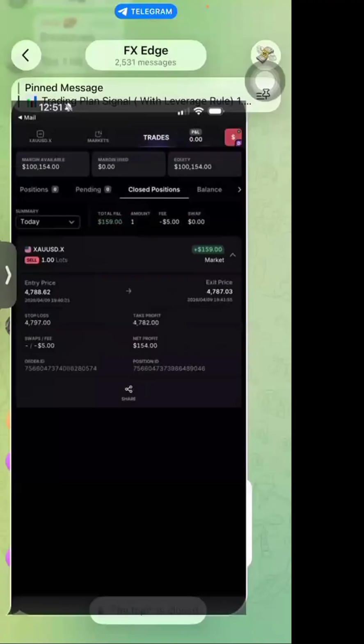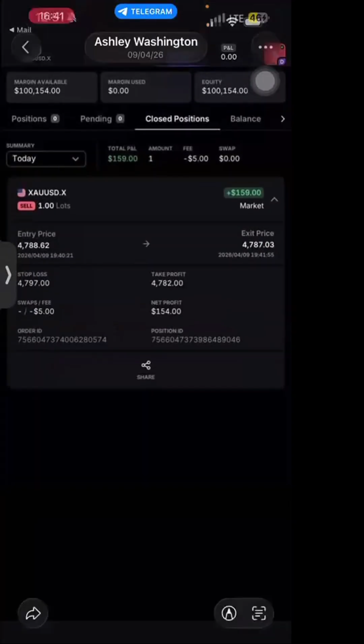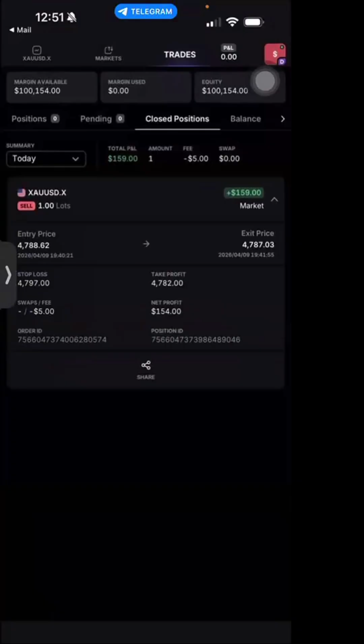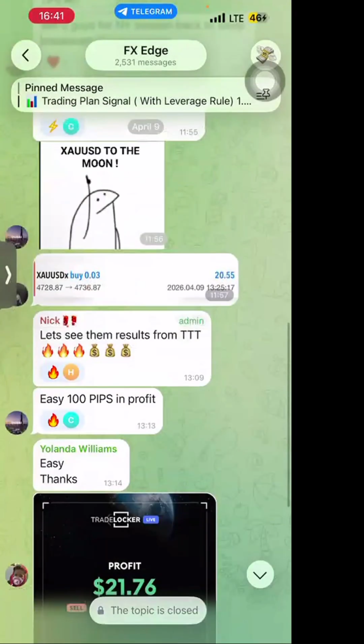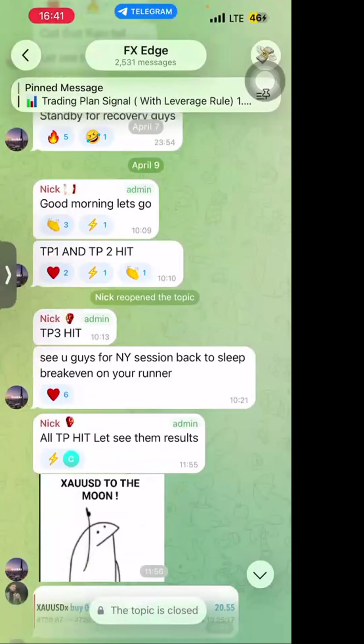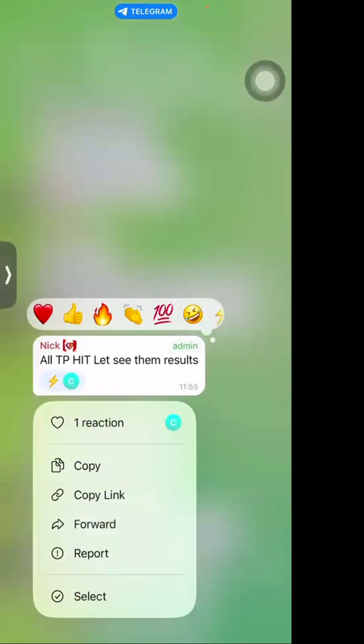This is FSH. This person has already gotten his 100K accounts. You can see here the equity showing $100,000, $154 profit on top of it, right? This is FSH, and he also has people that he trades with. You can see what he said. His name is also Nick, right? He said all TPs hit, right?